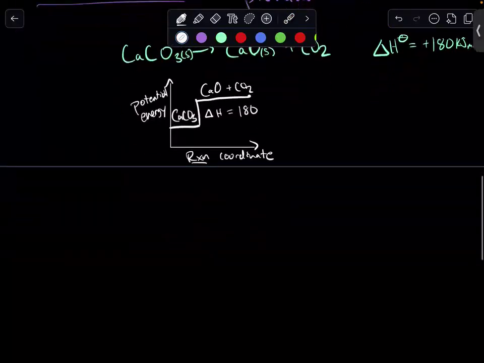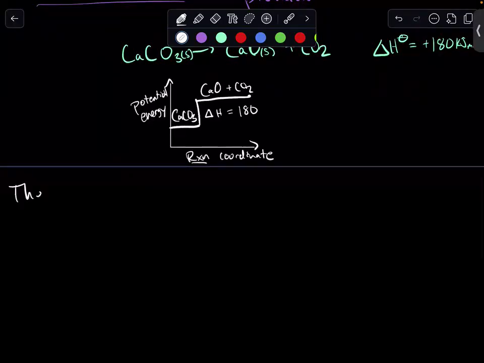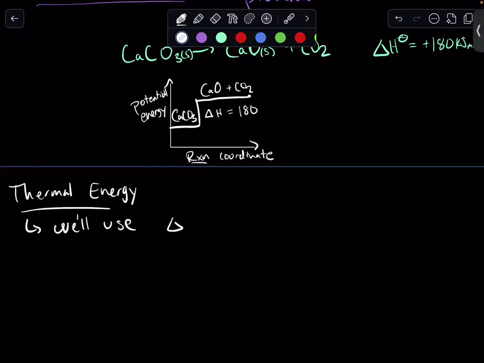So how do we actually measure these values instead of just writing them out? Well, this is when we talk back about thermal energy. This is how we're going to quantify these changes. So we'll use change in T to relate to change in H, so change in energy.